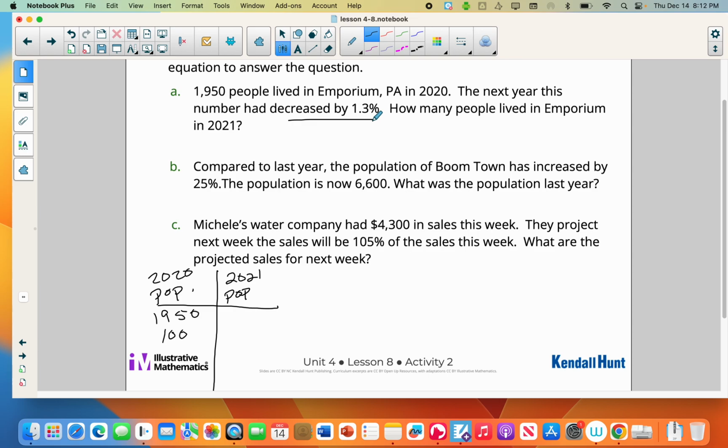So 100 minus 1.3 is 98.7%, which makes our constant of proportionality 0.987. And I'm not going to round.